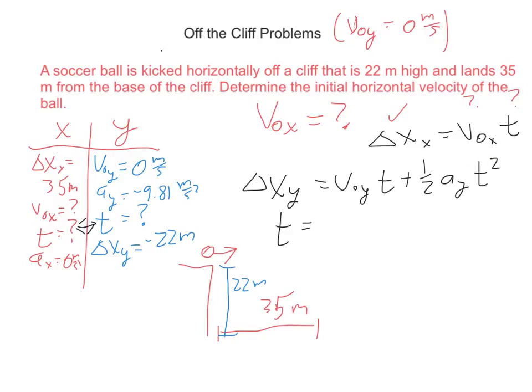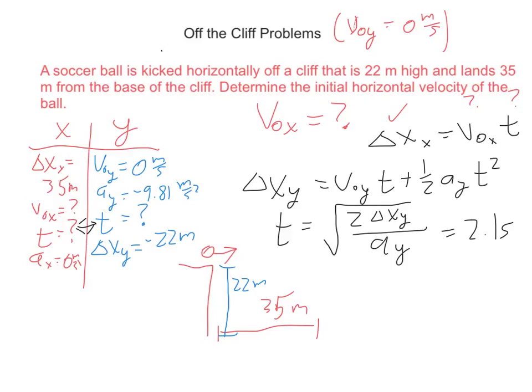I can then rearrange that algebraically to get what the time is in terms of things that I actually know. And it would turn out that the time is going to be equal to the square root of 2 times the displacement in the y direction divided by the acceleration due to gravity. And in this case, that means that the time is going to come out to right around 2.1 seconds.